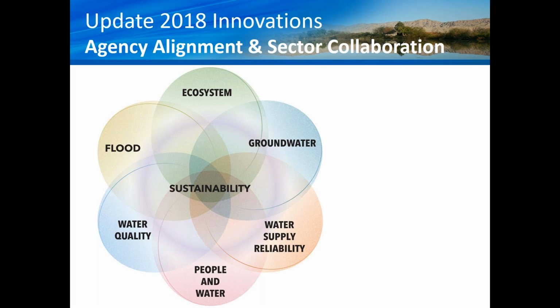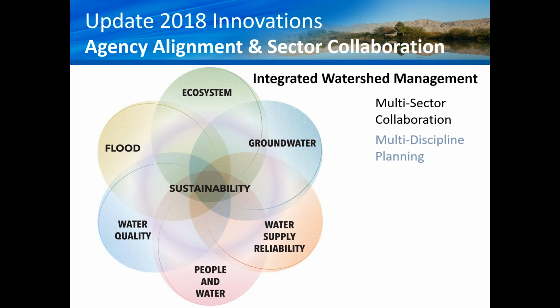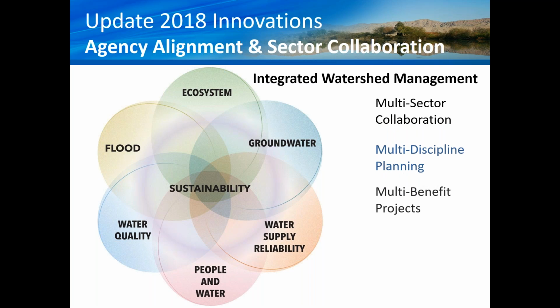And the message here is to be more sustainable and have more resilient water resources and systems, we need to work toward the center of this flower, where there's more and maximum overlap between the various water management sectors. And what that requires, and what would really be what we call integrated watershed management, is that the sectors need to collaborate at levels and scales that we have not to date.